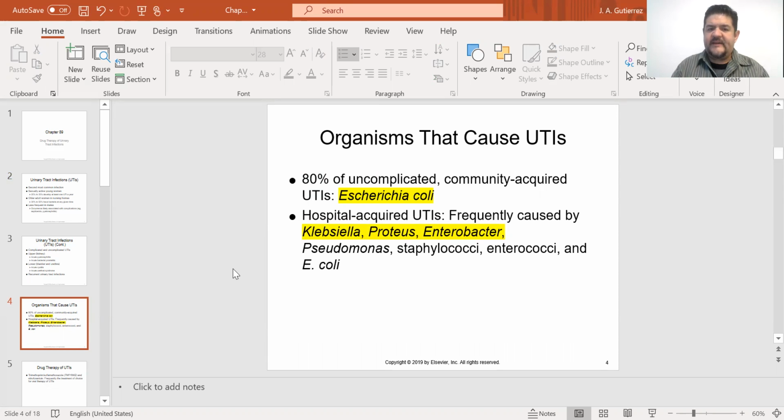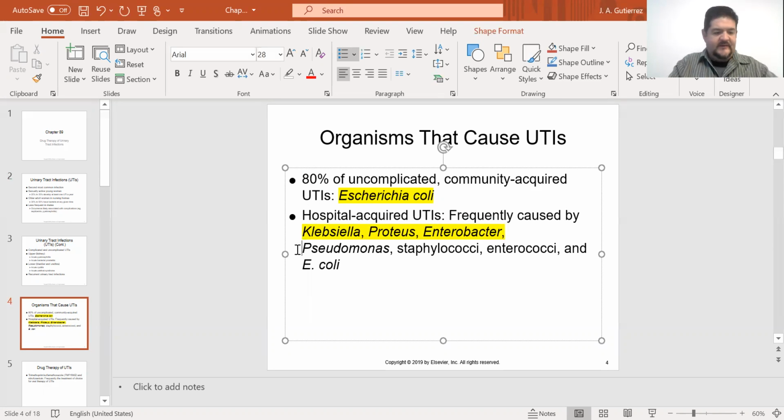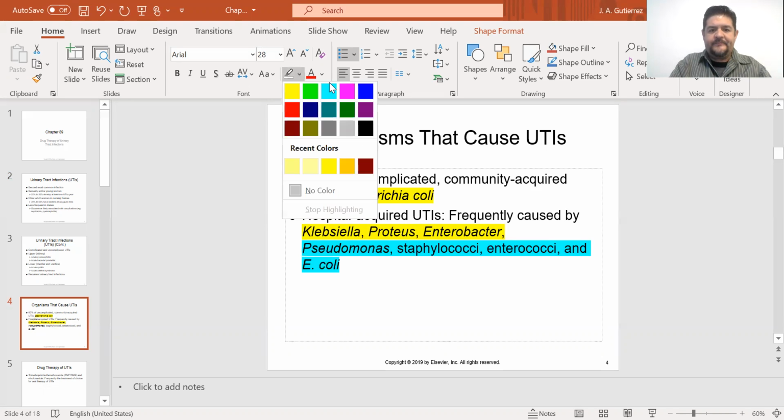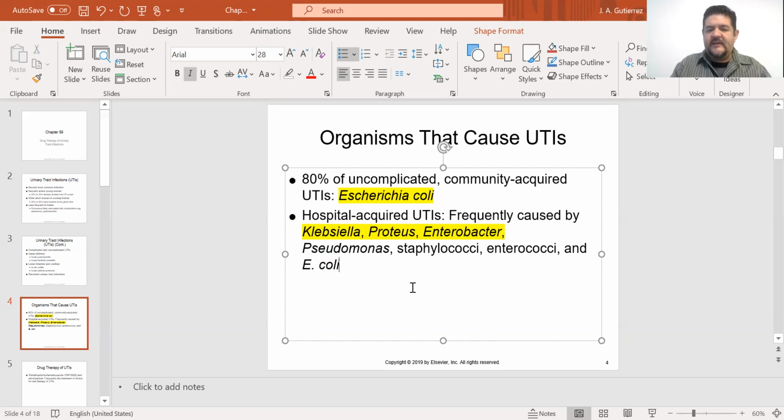These are bacteria that usually colonize the GI tract, but for lack of a proper sterile technique, when a healthcare provider is putting a Foley into the patient, they push these bacteria into the bladder. Other ones that may be mentioned in case scenarios are Pseudomonas, Staphylococcus, Enterococcus, and E. coli.